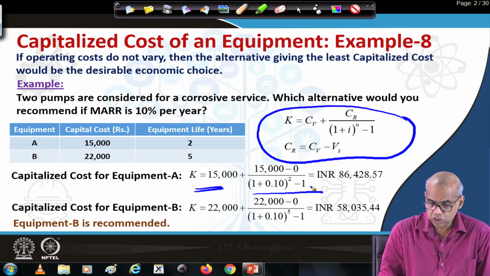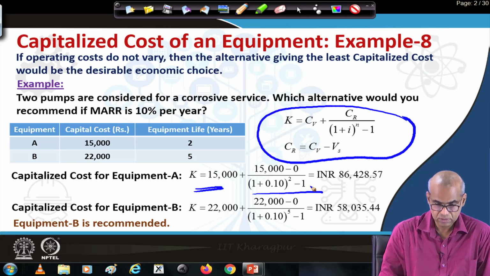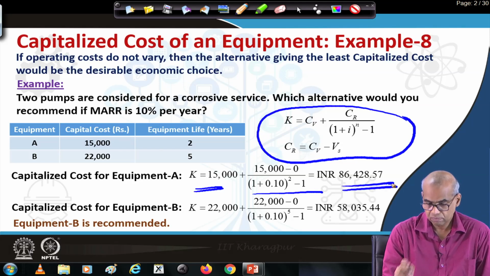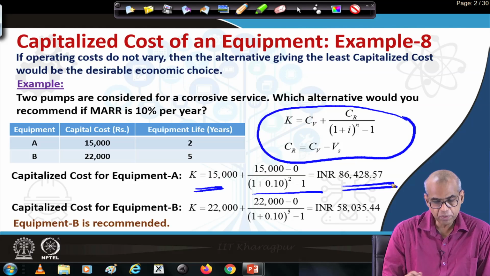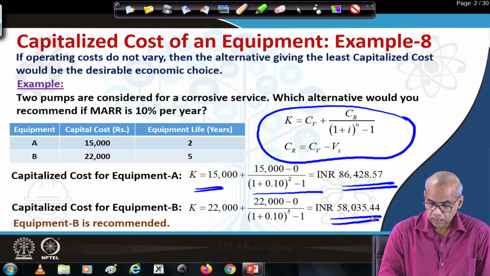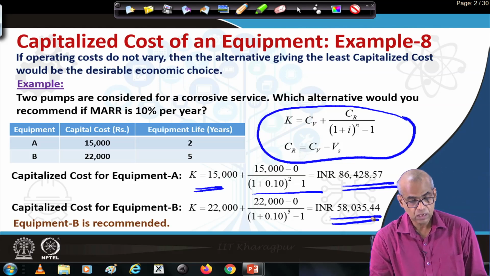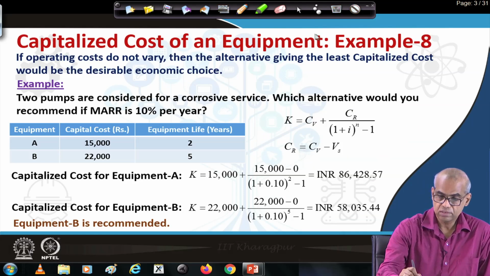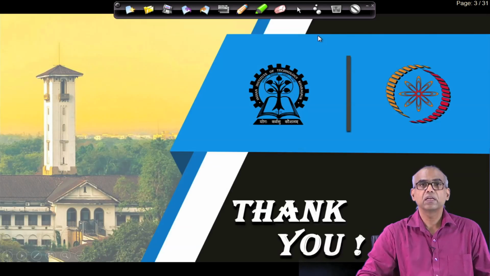So, 15,000 minus 0 divided by (1 plus 0.1) to the power 2 minus 1, at 10% interest. So, you obtain the capitalized cost. In the same way you obtain the capitalized cost for equipment B, and you note that the capitalized cost for equipment B is considerably lower than that of equipment A. So, equipment B is economical and recommended. With this we stop our discussion on lecture 24 here.